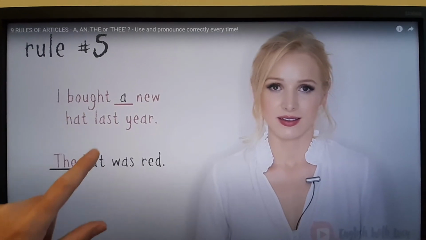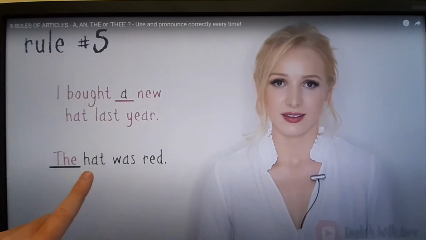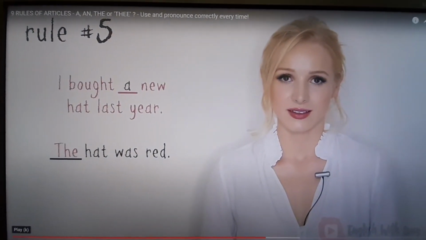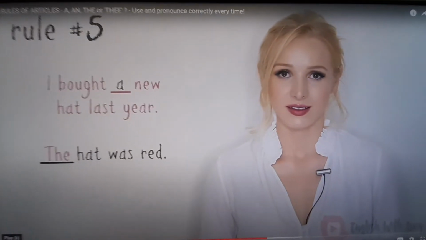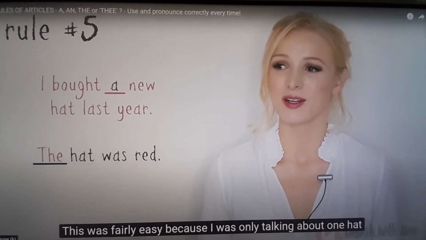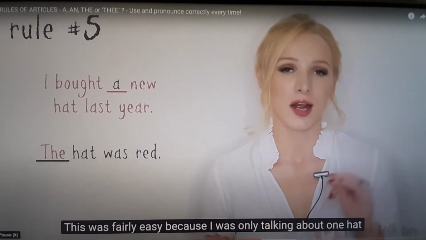Now when she talks about the hat, the hat was red. Now you can use the hat was red, the hat was warm, the hat was big, anything like that. This was fairly easy because I was only talking about one hat.